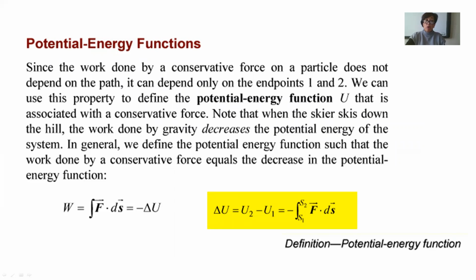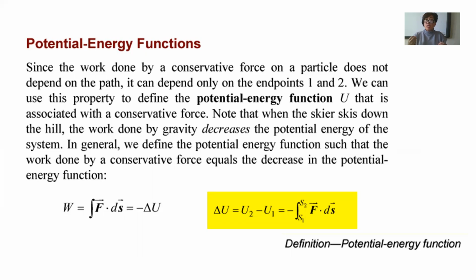We know the work done by a conservative force on a particle does not depend on the path. It can depend only on endpoints 1 and 2. We use this property to define the potential energy function U, which is associated with the conservative force.